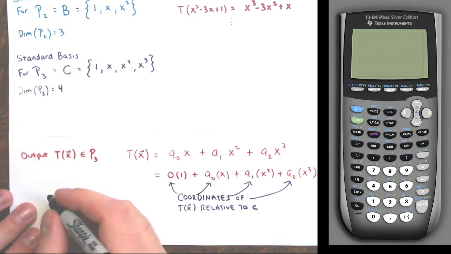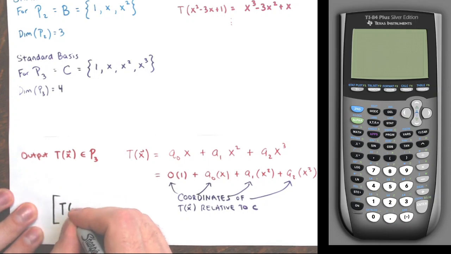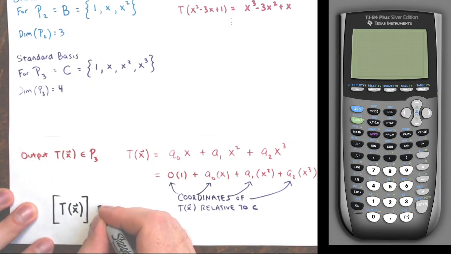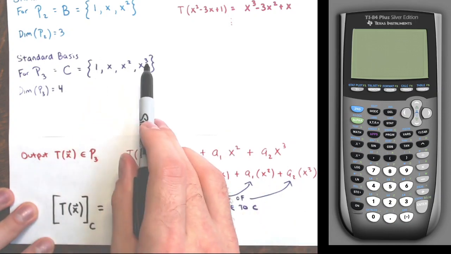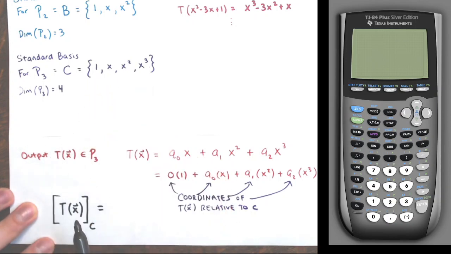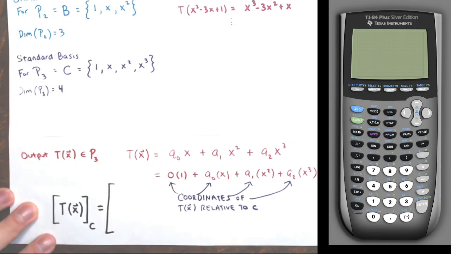This coordinate vector for T of x relative to basis C is, again, just the coefficients in the order that I wrote the standard basis in. Notice I wrote the standard basis in that order. And this will be something from R4.